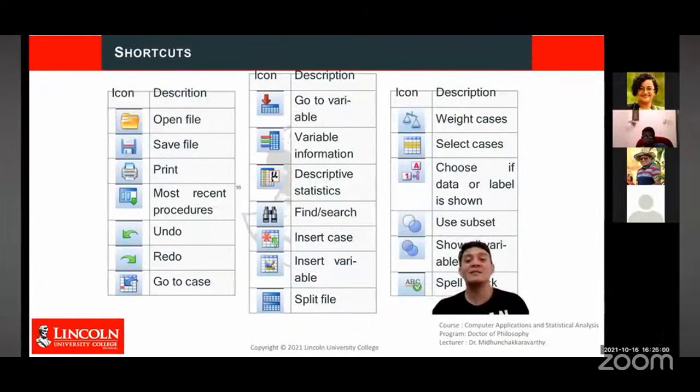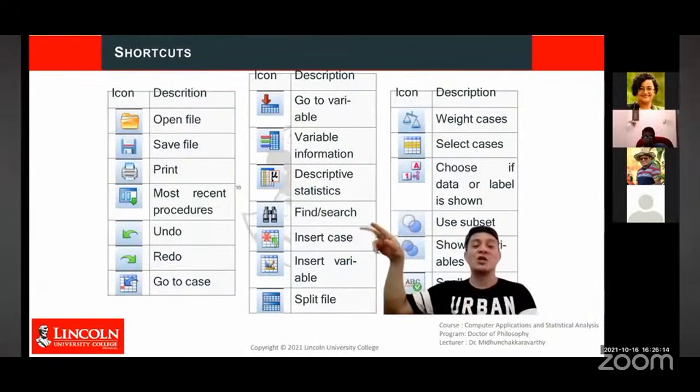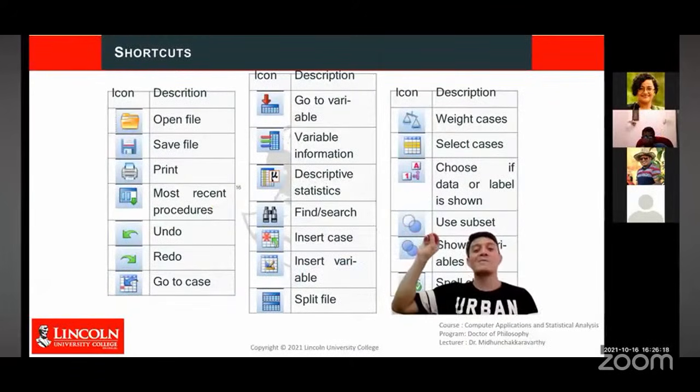Go to cases, that means it goes back to the cases. And go to variable, that means it goes back to the variable. Variable information, descriptive statistics, these are so important icons that you need to remember. The find and search, if you're searching for names or for genders, you can find and search. Insert cases, you can also insert cases.